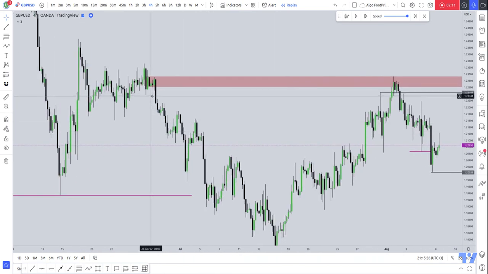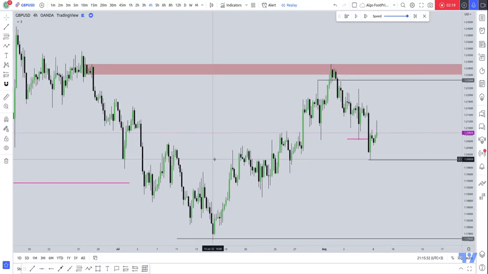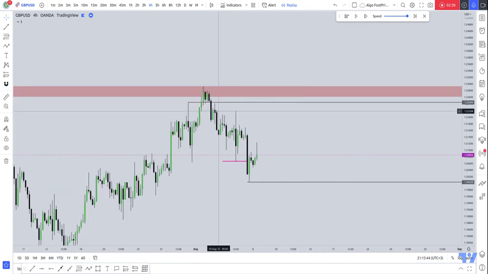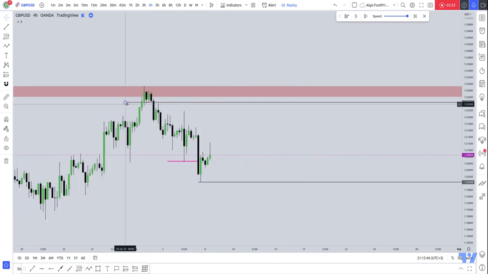We have this gap, we have this order block before this market structure, before this swing low was broken. Price comes back up, goes through the gap, touches the order block, and we start the bearish move. This high you see was the previous week's high that price broke.